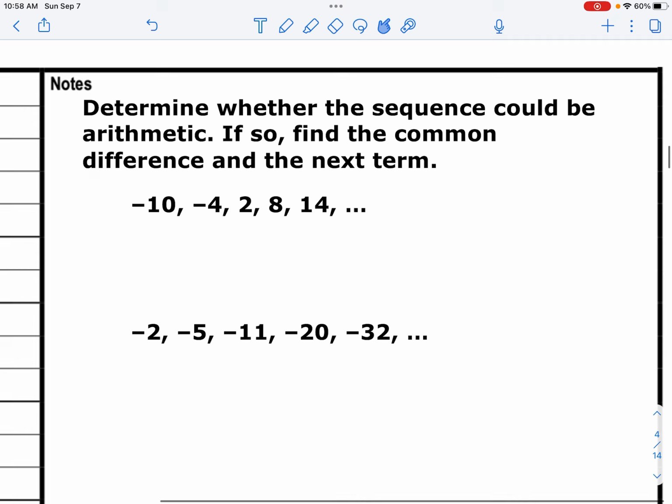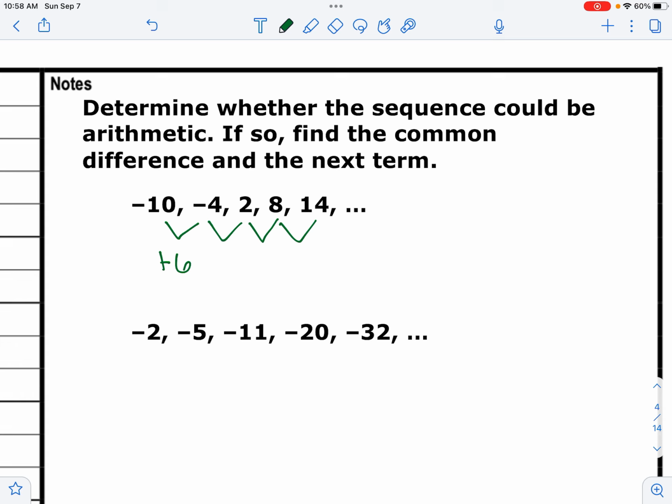Determine whether the sequence is arithmetic, and then if it is, find the common difference, which is d, and the next term. So let's take a look. What's happening with this right here each time? And is it the same? This looks like it's adding 6. Yep, it looks to be the same each time. So yes, it is arithmetic.